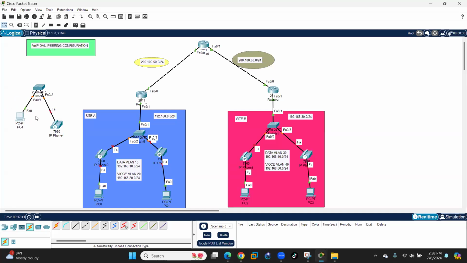But in configuring voice over IP, this has to be connected to this. So both the phone and the PC are using the same cable. They're using the same cable, so it is the same port they are both connected to. That's how to configure voice over IP.